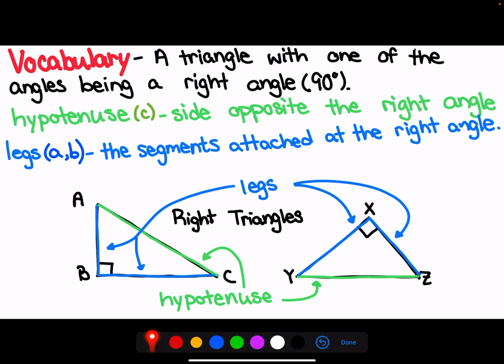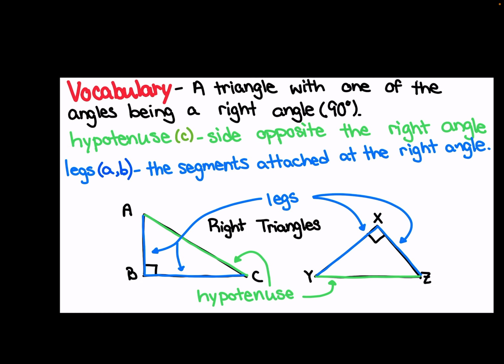It doesn't matter which leg gets a and which leg gets b. It does matter that the hypotenuse is c though. So again, the hypotenuse must be c. The legs are the segments attached to our right angle. Both the legs will touch the right angle, and they always intersect each other at 90 degrees. So again, I can say that segment AB is little a and segment BC is little b.